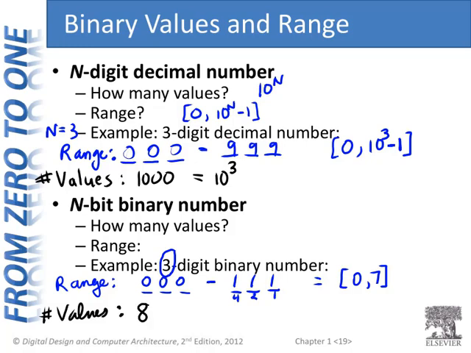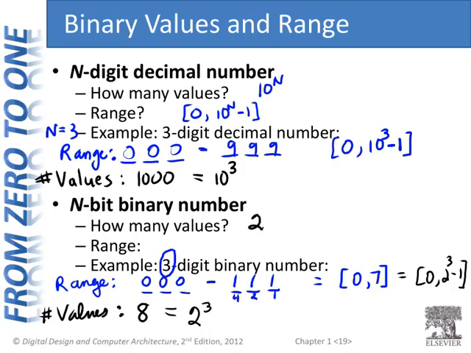And if we think of what we did in the decimal number analysis, we can think, okay, well, let's see. 8 is a power of 2, 2 to the 3, in fact. And this range is 0 to 2 to the 3 minus 1. So now we can extrapolate that example and say, okay, well, how many values can we represent?